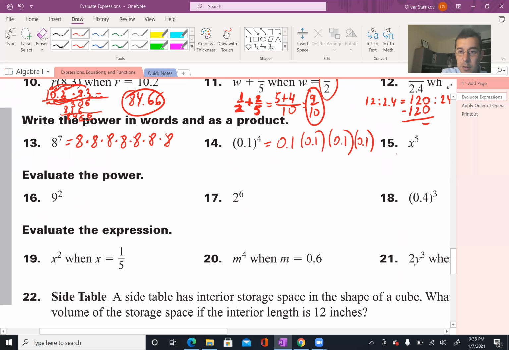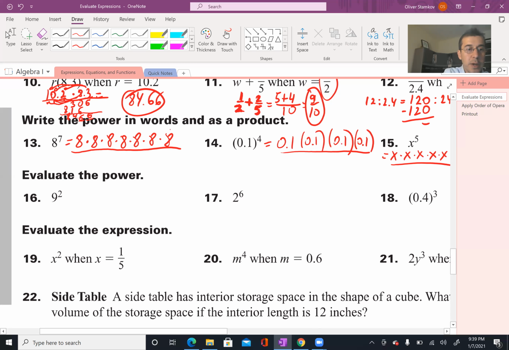And the last one would be x times x times x times x times x, 5 times, right? The exponent tells us how many times the base is multiplied to itself, right? In this case, 5 times, in this case, 4 times, and then in this case, 7 times. That's how we write the power as a product.